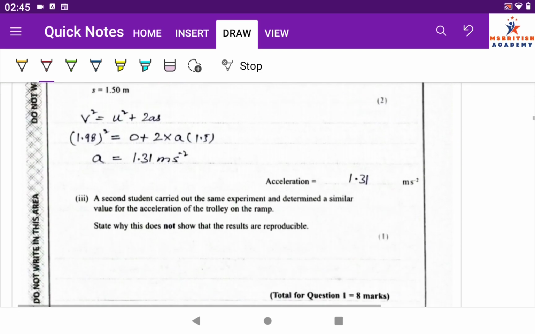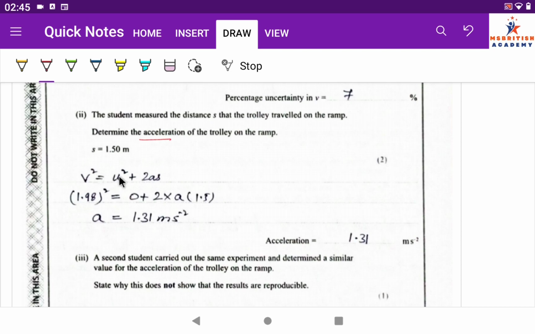So you can use the formula v squared is equal to u squared plus 2as. So v is the final velocity, u is the initial velocity, and this is 2 times acceleration times displacement. So 1.98 squared is equal to 0 squared plus 2 times a, meaning acceleration, times 1.5, and after calculation we will get a as 1.31 meter per second squared, as the acceleration.